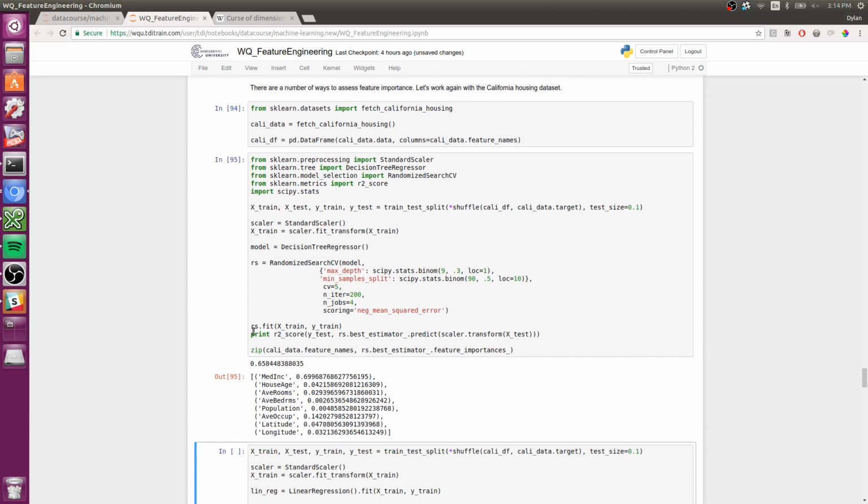So our fitted model achieves an R squared on the test set of nearly 0.66. So our trained model explains roughly 66% of the variance in house prices.